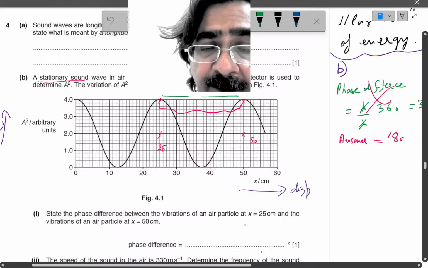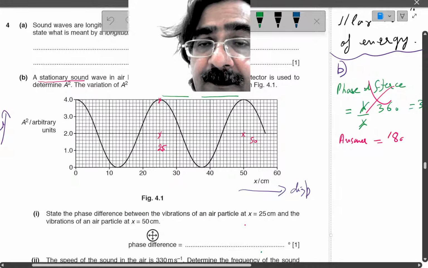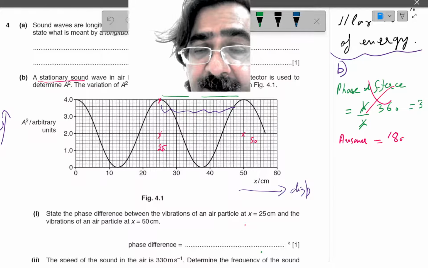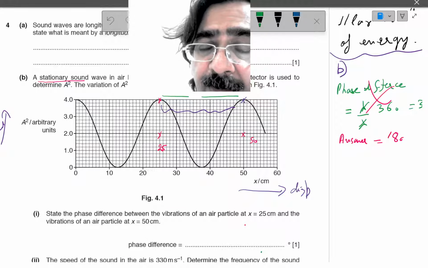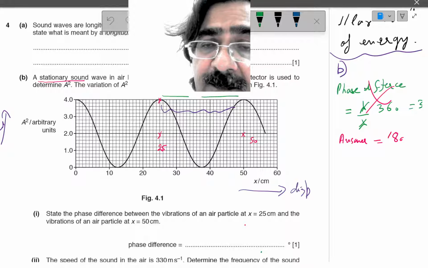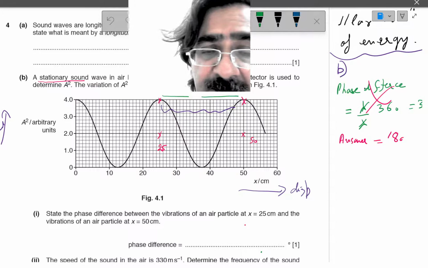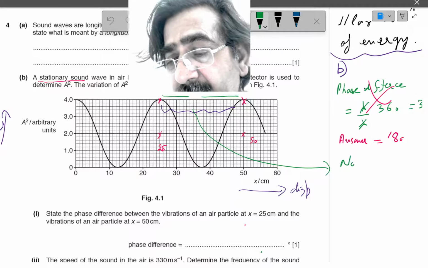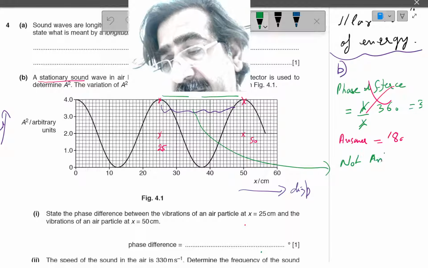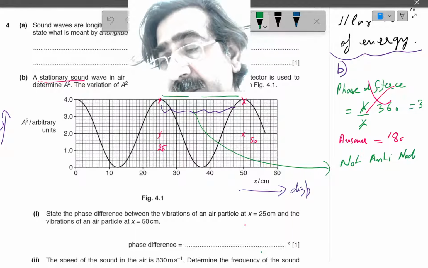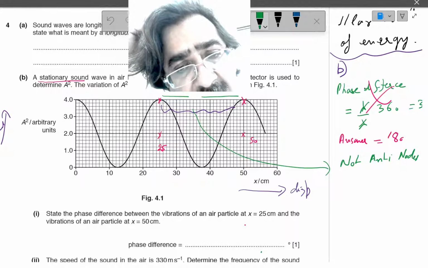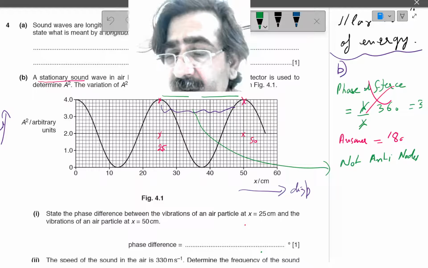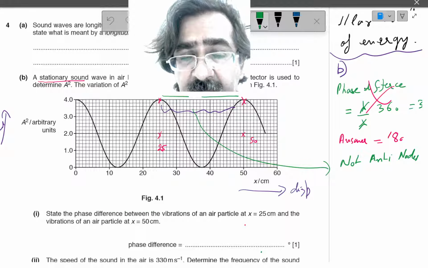These two points are not empty nodes. Sorry, I'm wrong.